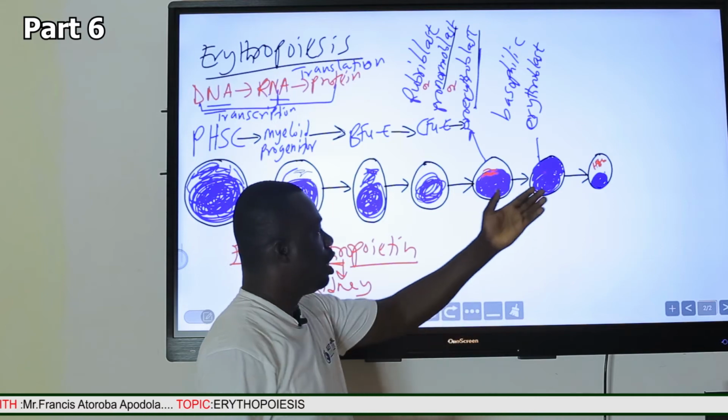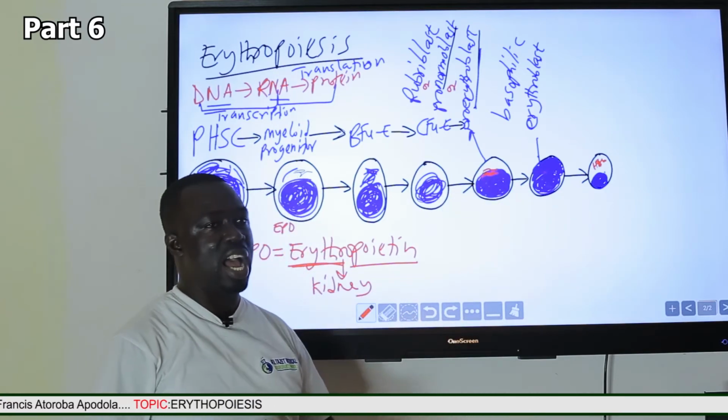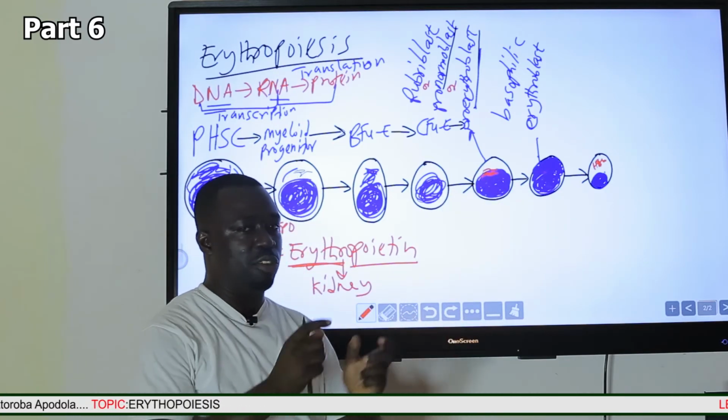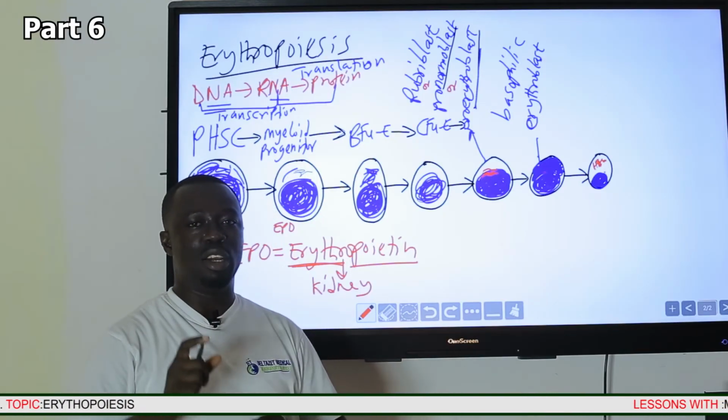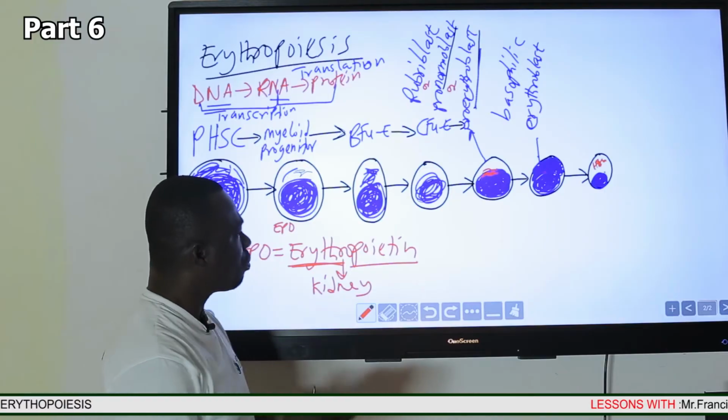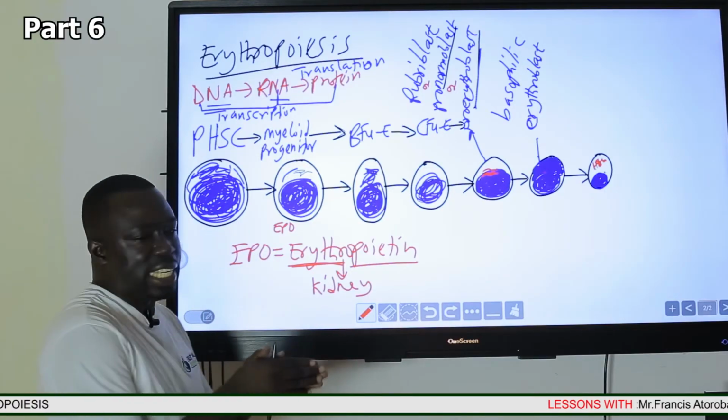Hemoglobin molecules, which are proteins, and in general proteins are basic in nature.